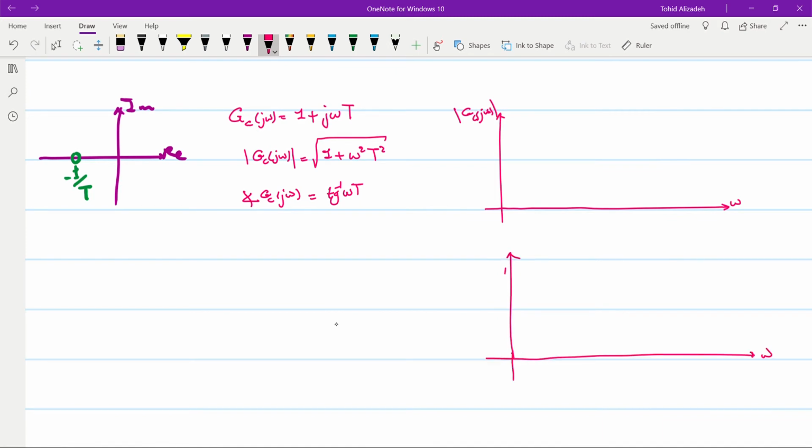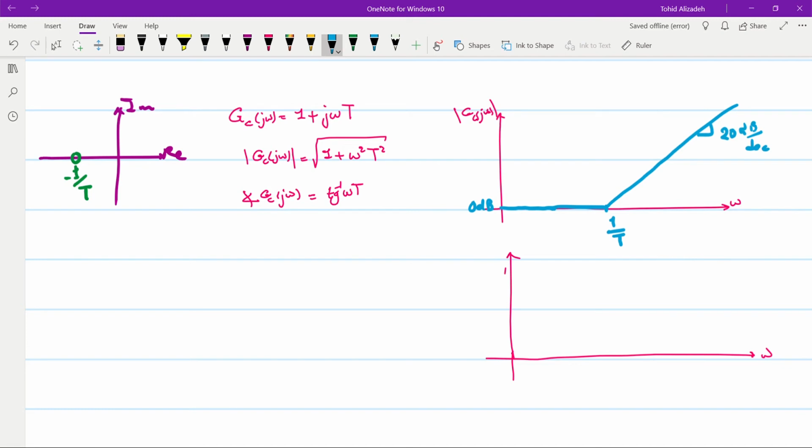In terms of the amplitude, initially we will have 0 dB at very low frequencies. The corner frequency will be equal to 1 over T. This is the corner frequency. Asymptotically, we will have this plot with the slope of 20 decibel per decade.